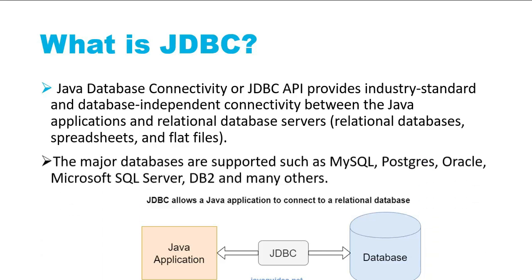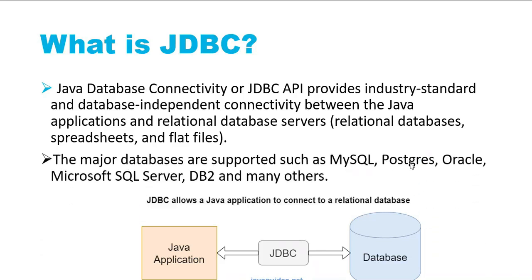The major databases are supported, such as MySQL, Postgres, Oracle, Microsoft SQL Server, DB2 and many others. Alright, so in further lessons, I will demonstrate how to use the JDBC API to connect a Java application with MySQL database. Alright, to keep it simple, JDBC allows a Java application to connect to a relational database.